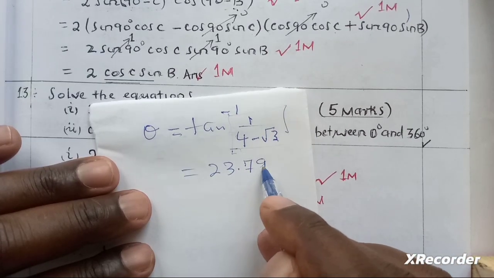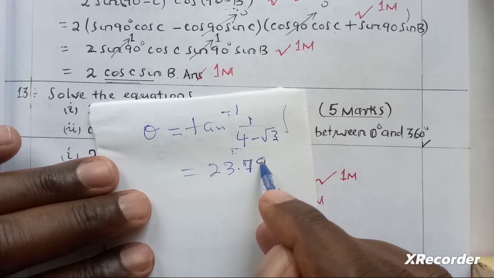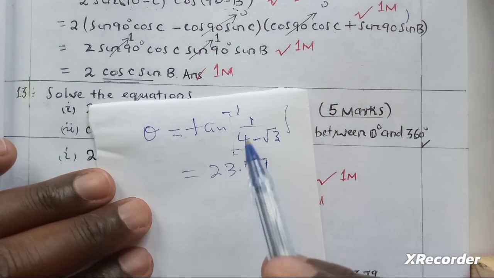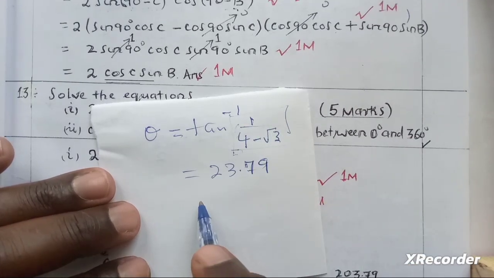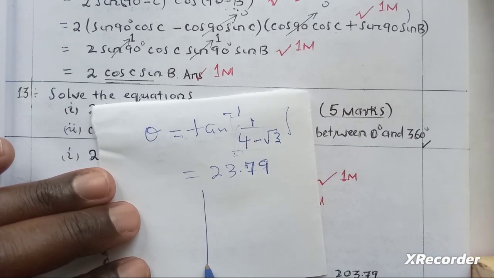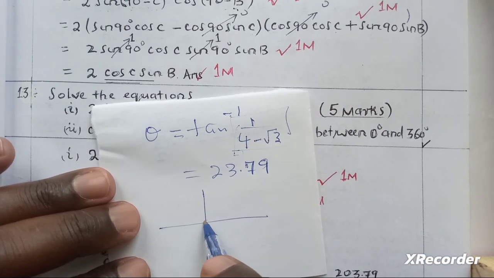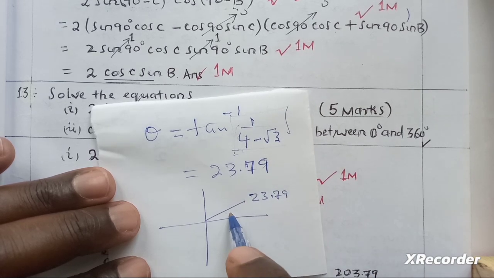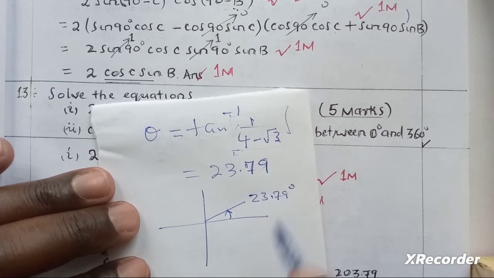But remember, we usually have two values for every inverse value. For example, this one is going to be 23.79 degrees, that is from there to there.